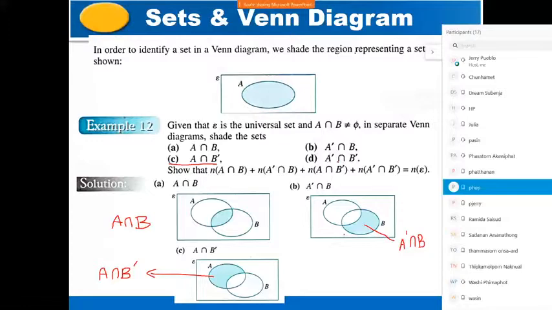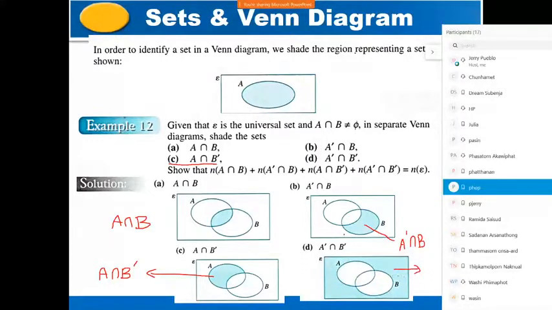This is to say outside A intersect outside B. Okay, which do you think? Out here, no? Outside, outside here, right? That's why this diagram here is the blue, no? Represent the blue. Okay, outside A or A complement intersect outside B or B complement. Okay, that's how to shade.